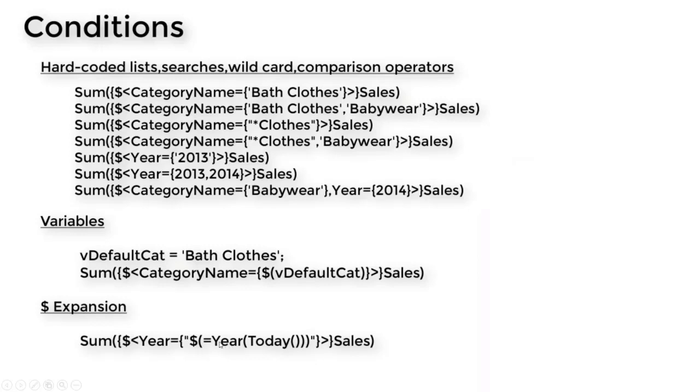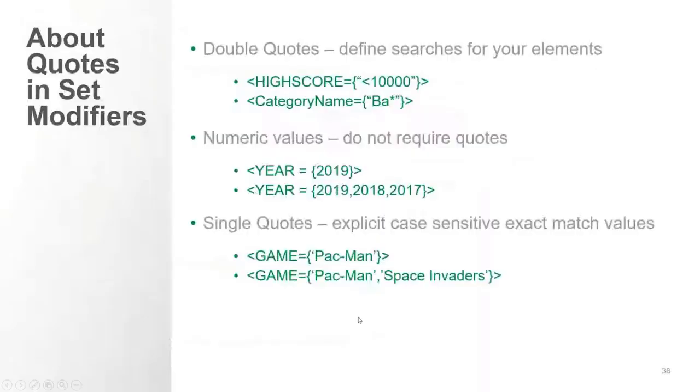So I'm just using a simple year function and a simple today function. This is a nested function that returns the result 2020. But the set analysis expression only knows that this is the actual function that is going to be here to evaluate the result by utilizing this dollar expansion syntax. And you're going to see that as well.